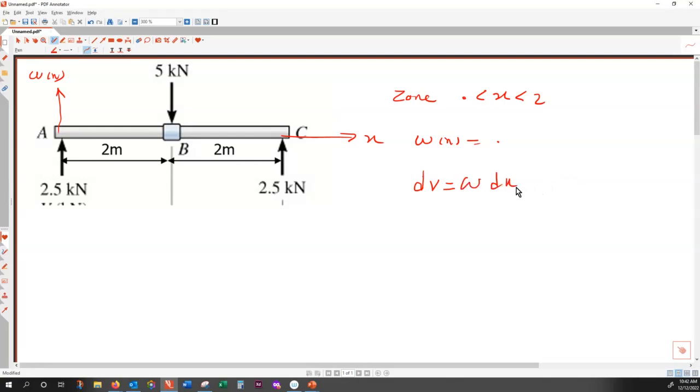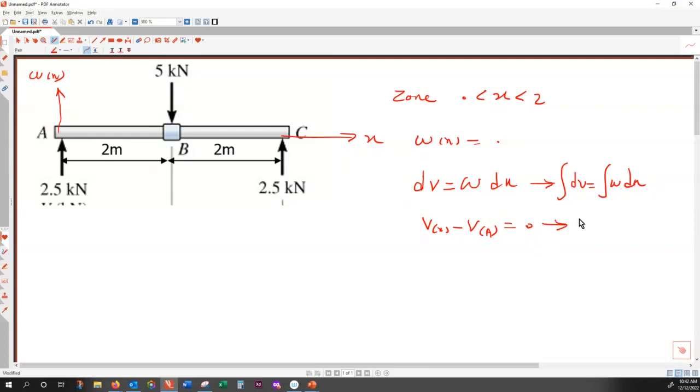So in other words, if we take an integral from both sides of the equation, that is dV is equal to the integral of W dx, and the left hand side is V of x minus V of the beginning. In this case, V of the beginning is A, and W of x is 0.